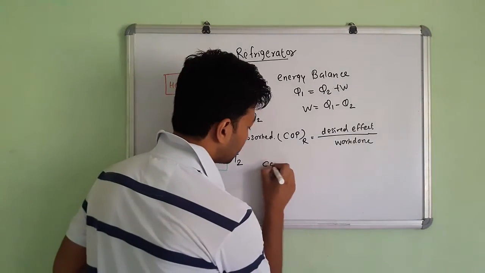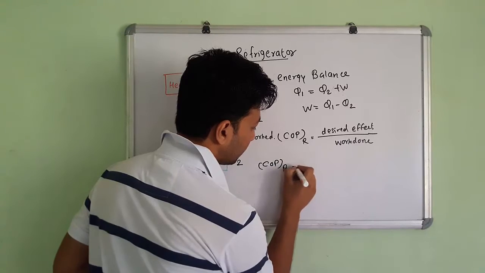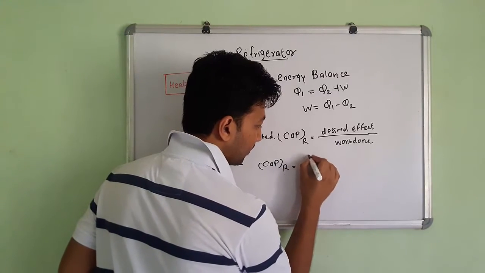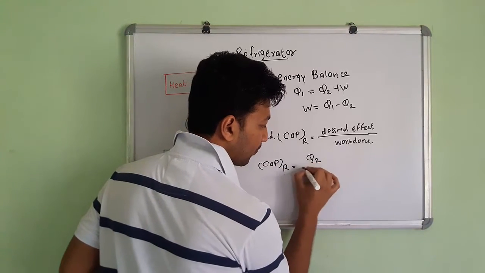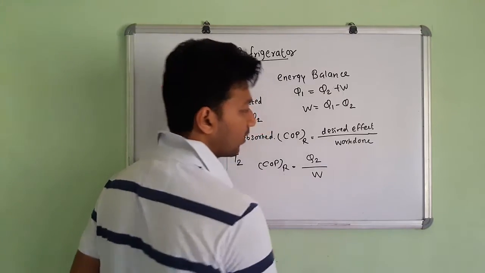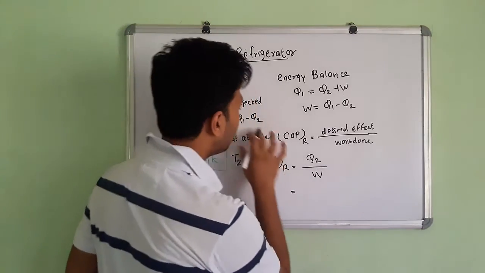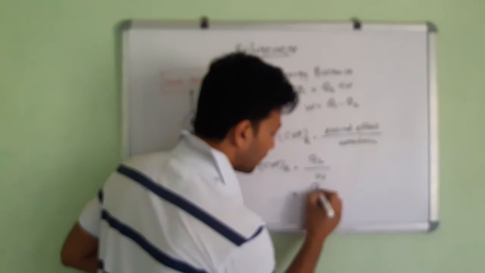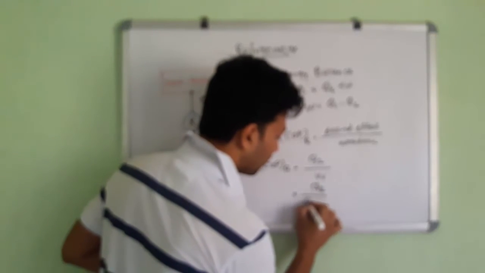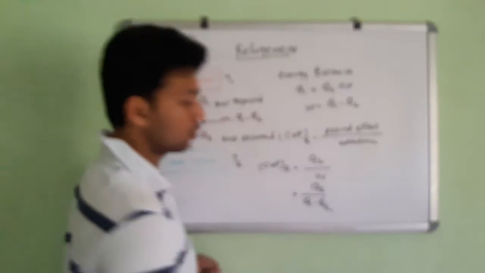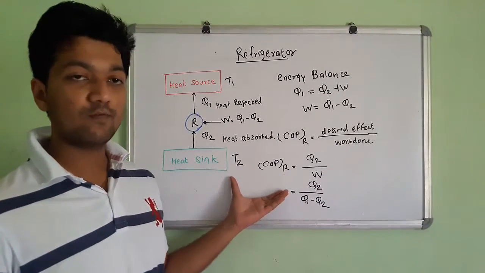So for the COP of the refrigerator, the desired effect will be Q2 and the work done will be W. But we know that W will be Q1 minus Q2. So that is Q2 upon Q1 minus Q2. This is the COP for the refrigerator.